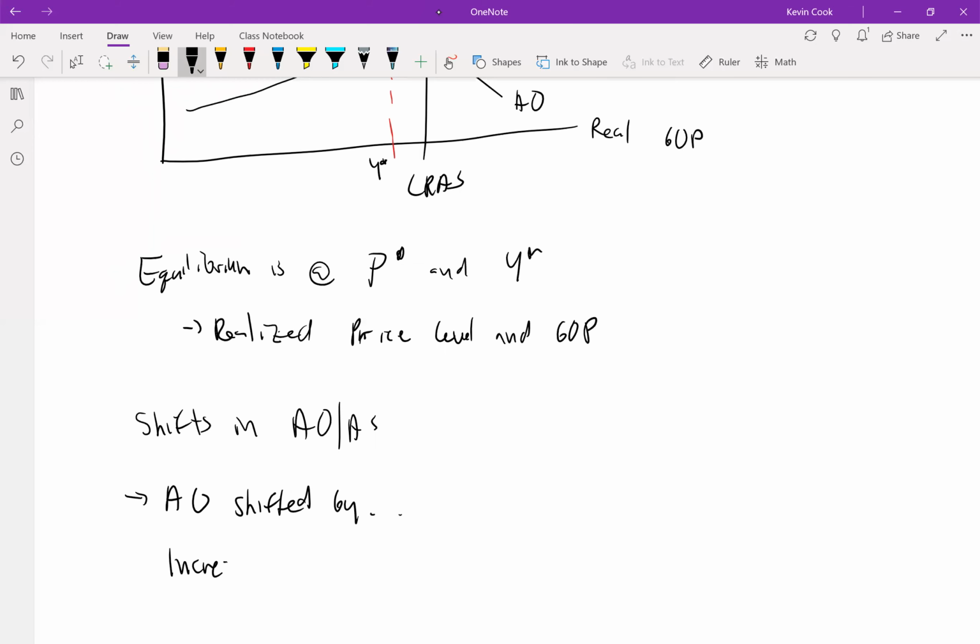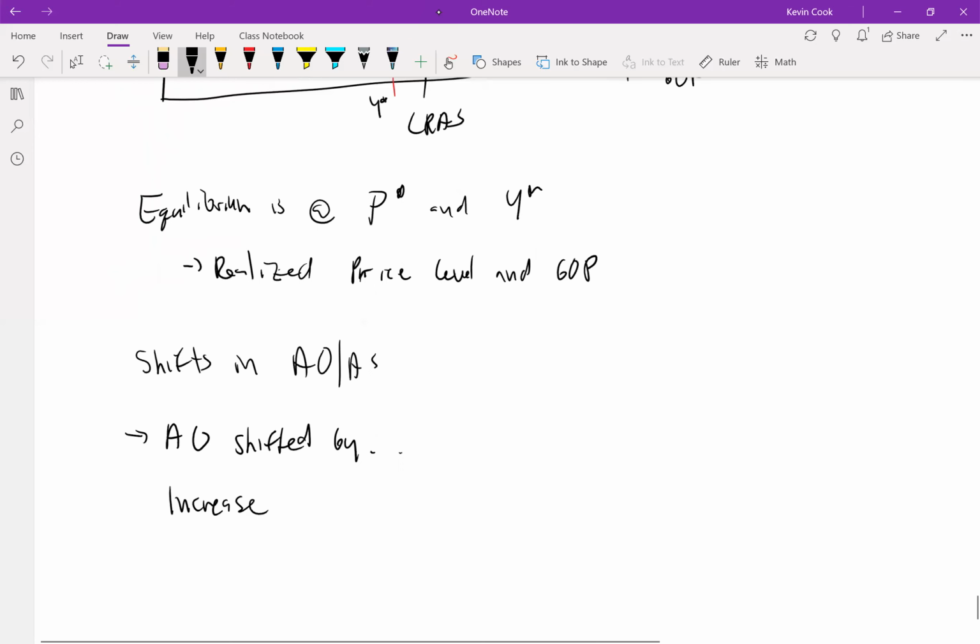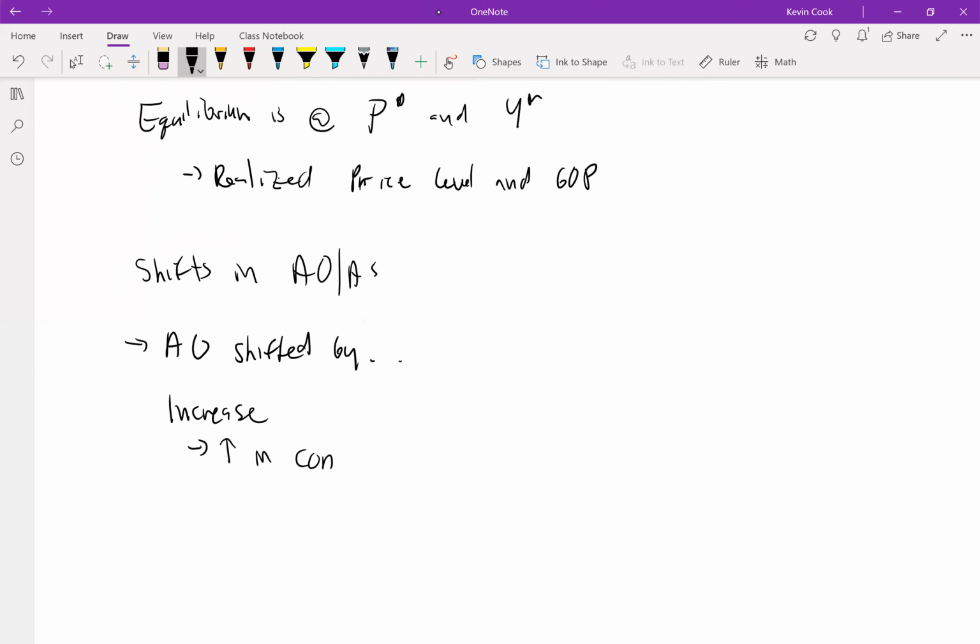An increase can be caused by an increase in confidence, an increase in government spending, or a decrease in taxes.